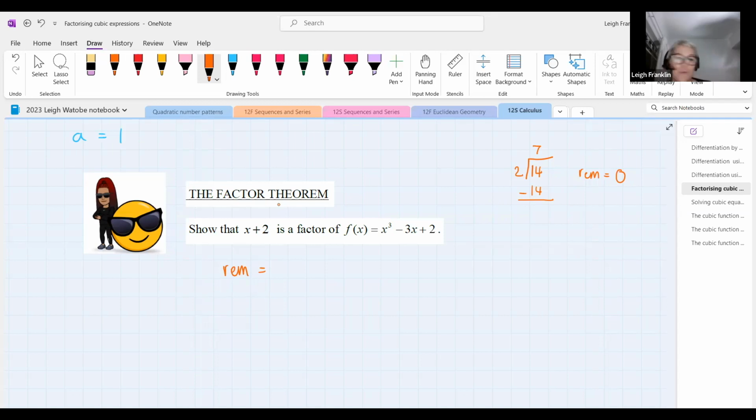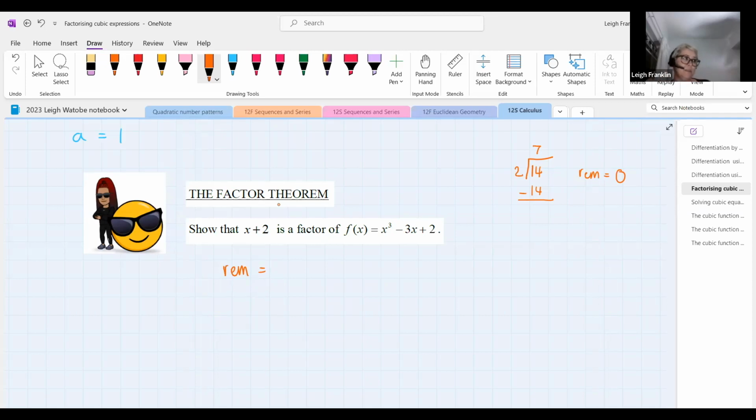Thank you. Okay, no problem. So you've got two situations that can happen. When your polynomial, which doesn't necessarily need to be a cubic, it could be a quadratic polynomial, is divided by a linear polynomial, you can either get a remainder that's 0 or that isn't 0.